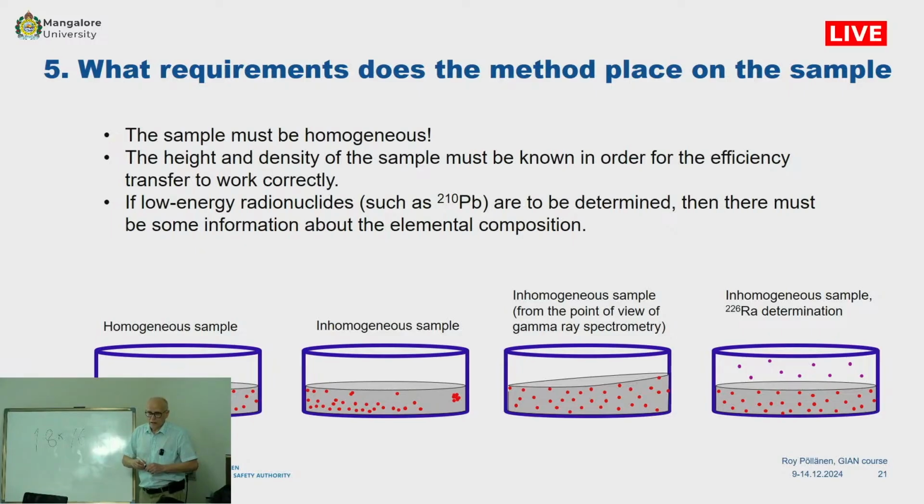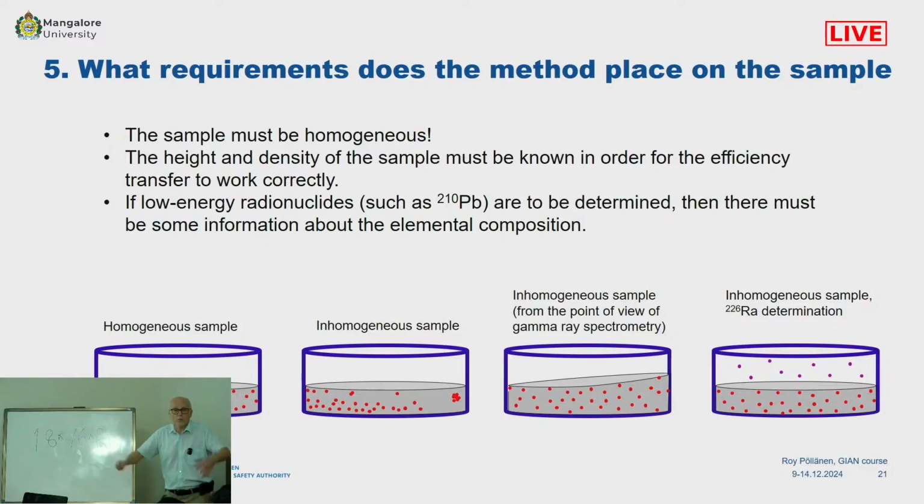If we want to take into account the coincidence effect, which I will explain later, we also have to take into account the so-called total efficiency, which means that the number of calibrations would be too large.